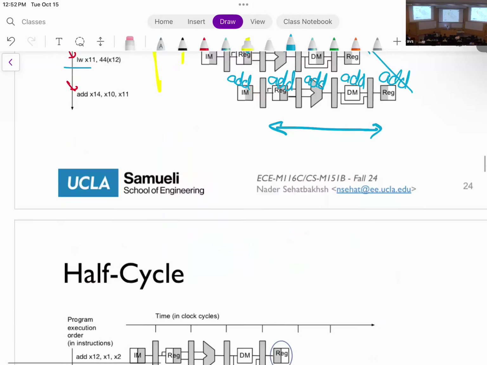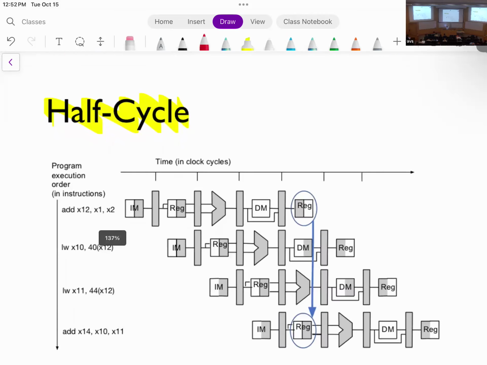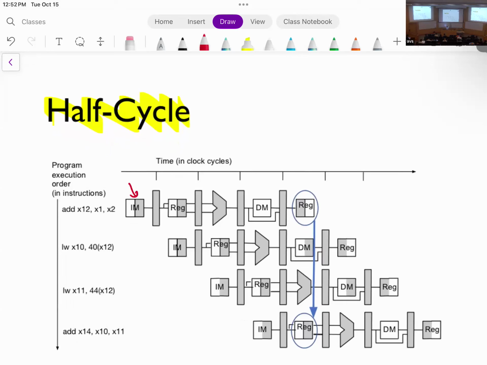All right. So there's one very important thing that you're going to see a lot in this course, and this is part of the hardware design. This is the idea of what we call half cycle, okay? Someone already asked this in some other way, but the idea is this. As you can see, there are these shades that I'm using.